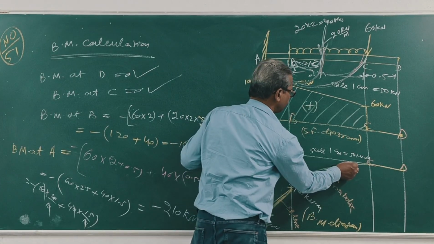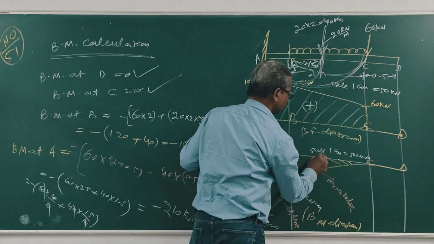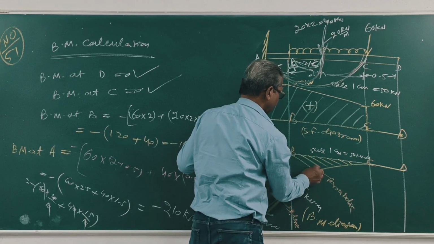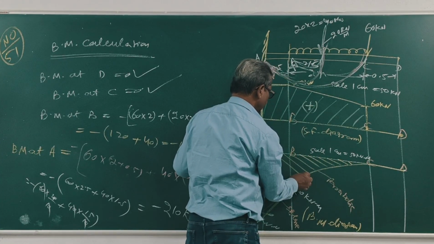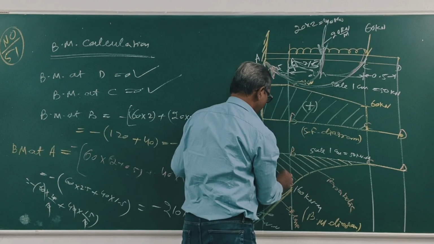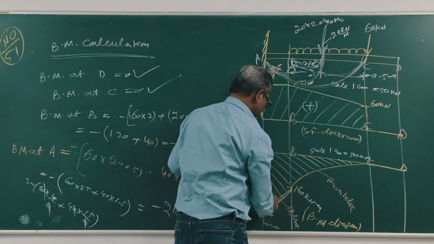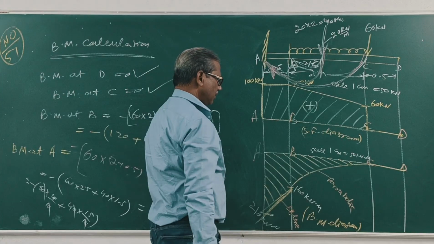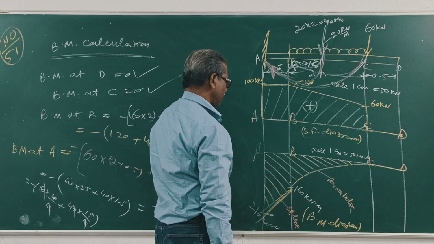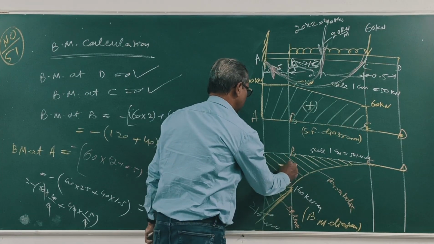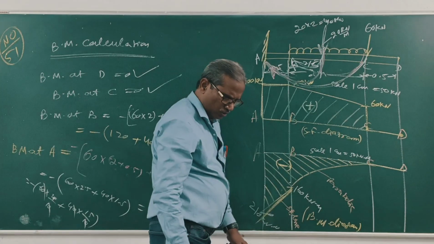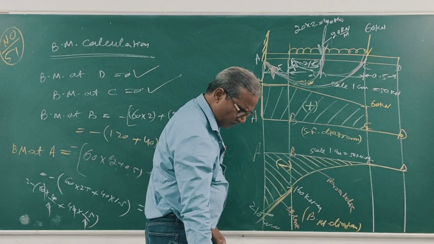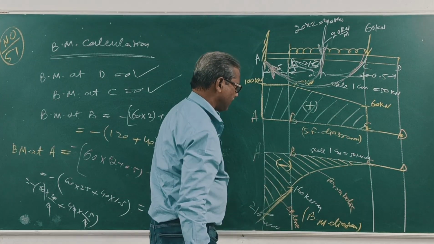Now, clear? All are negative, so the bending moment diagram is below the baseline.